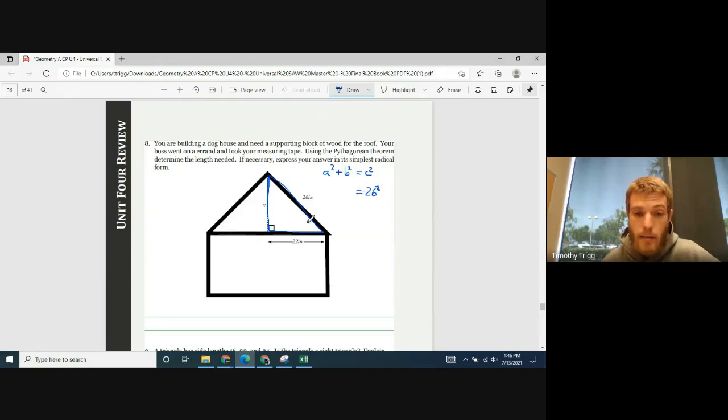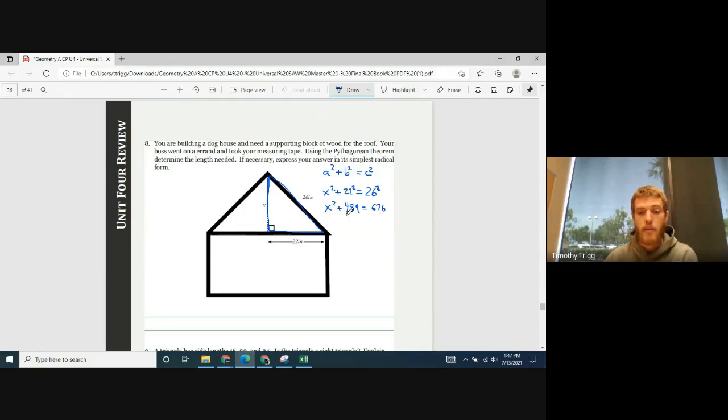Now we need to find x, so that's going to be one of the legs. It doesn't matter which one you consider it. I'll just put it for A. The other leg length goes here. So this would be x squared plus 22 squared is 484, equals 26 squared, which is 676.